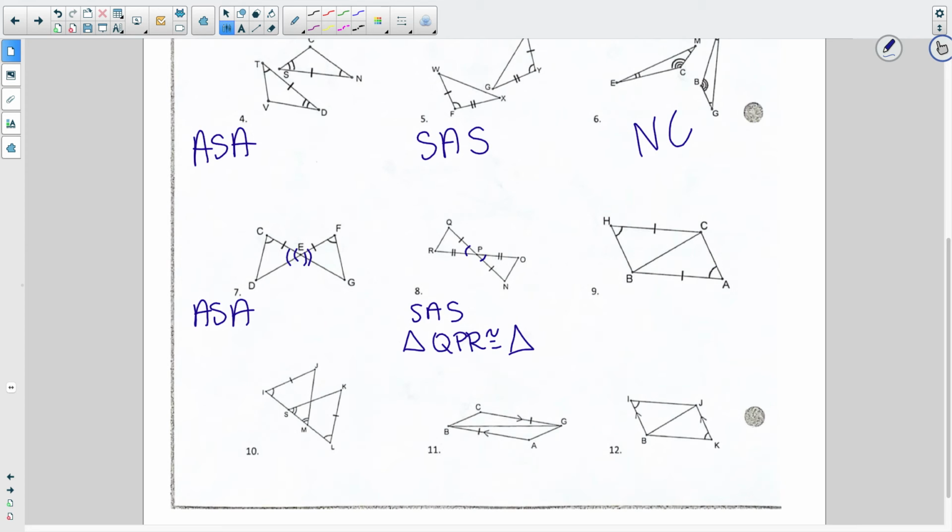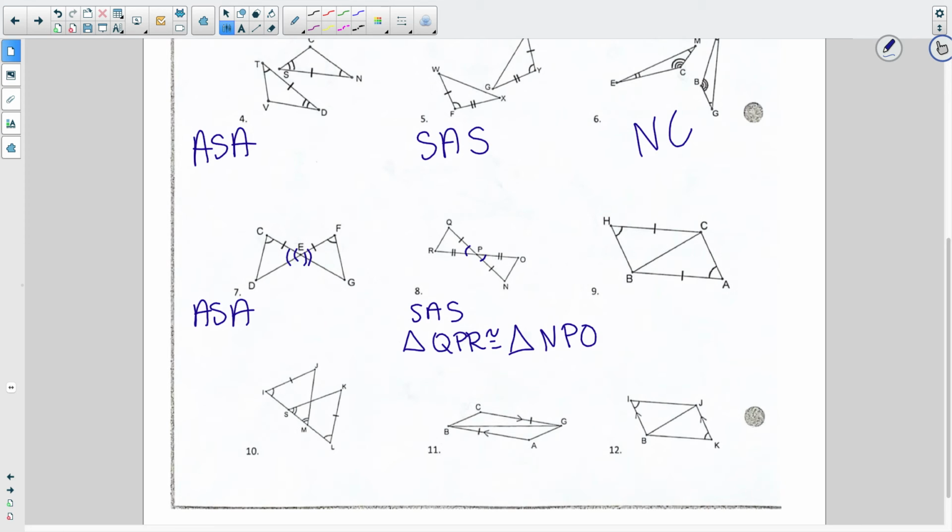Mm-mm. It's P and O. I mean, you do once you prove them congruent, but there's no reason to mark that. Okay, so QP has 1 mark. So that means I have to start with NP, because the 1 mark side has to match up and the 2 mark side has to match up. So QPR is congruent to NPO.